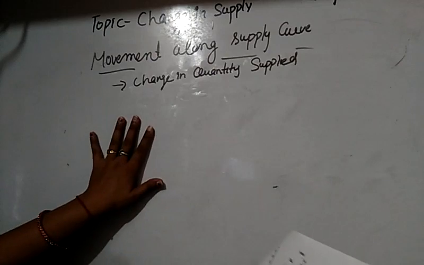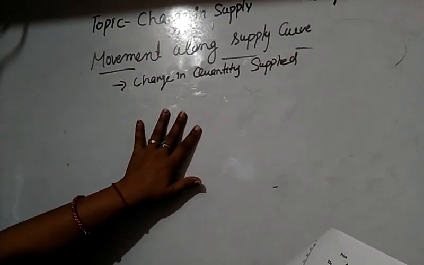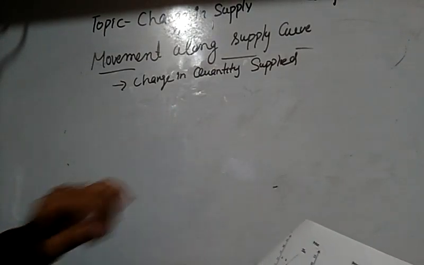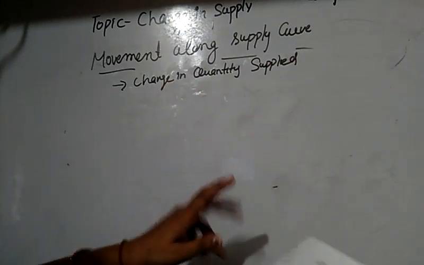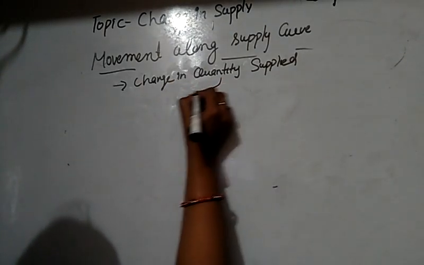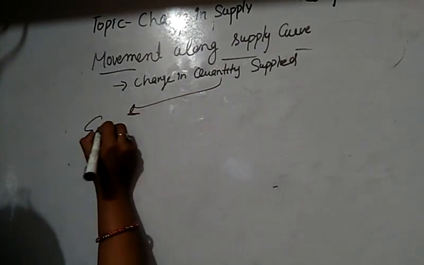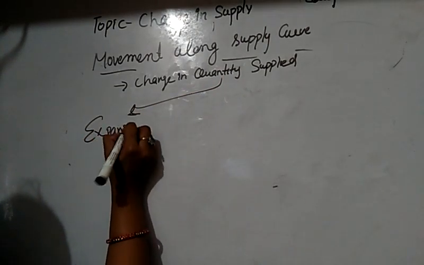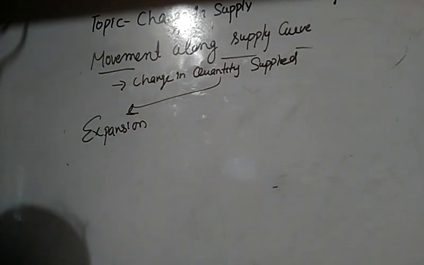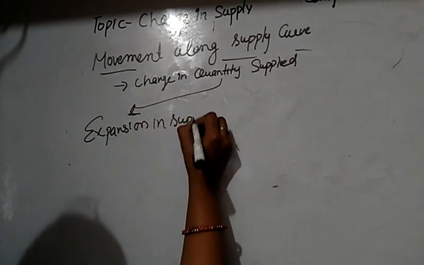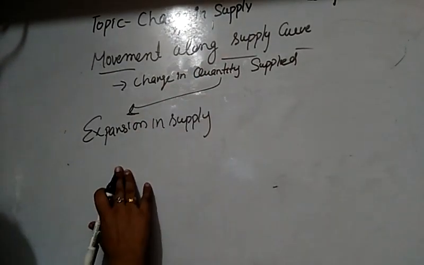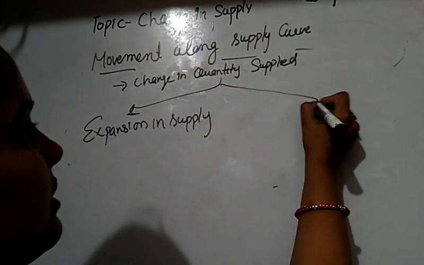Movement along supply curve is of two ways. First is expansion in supply.